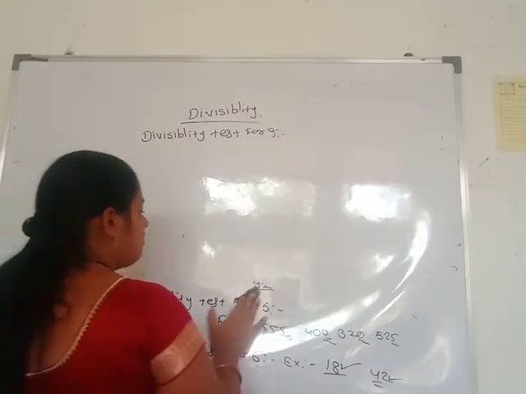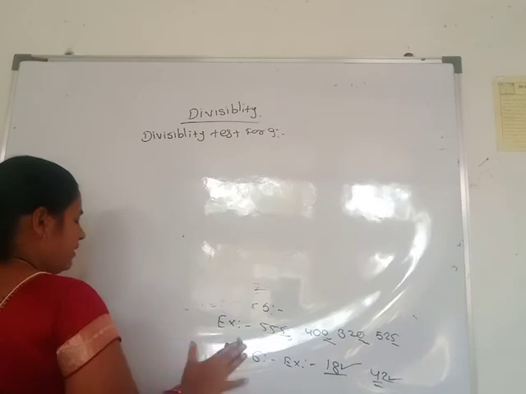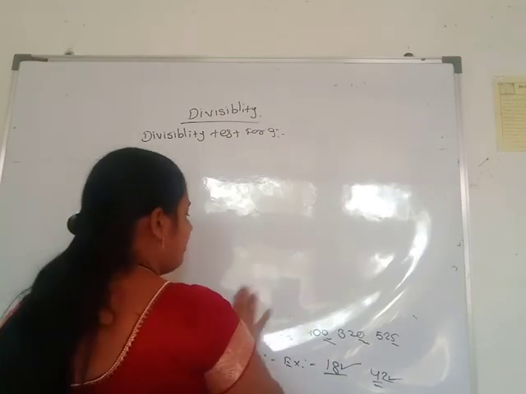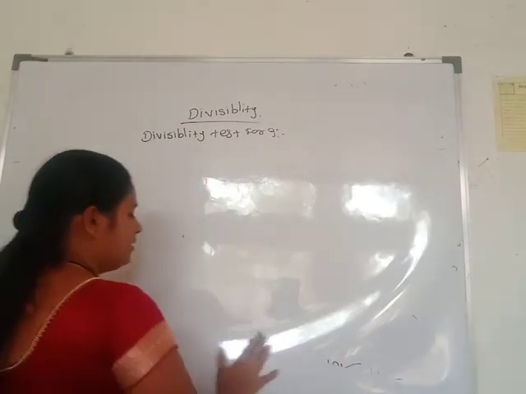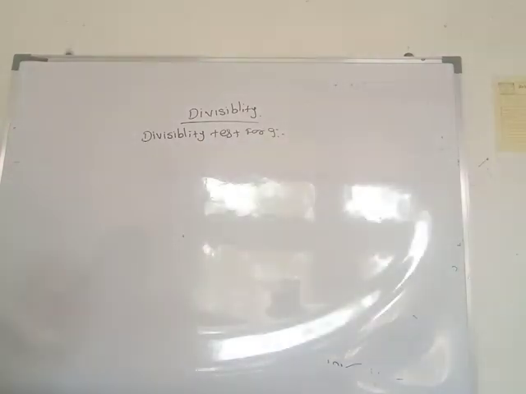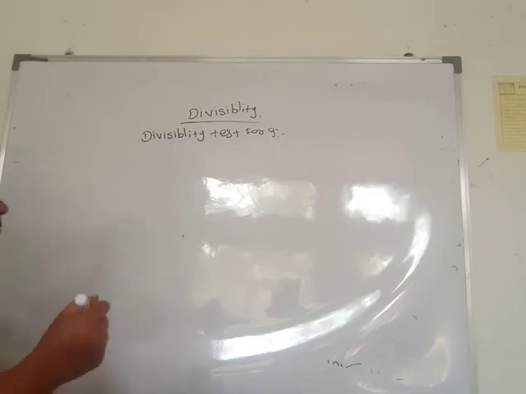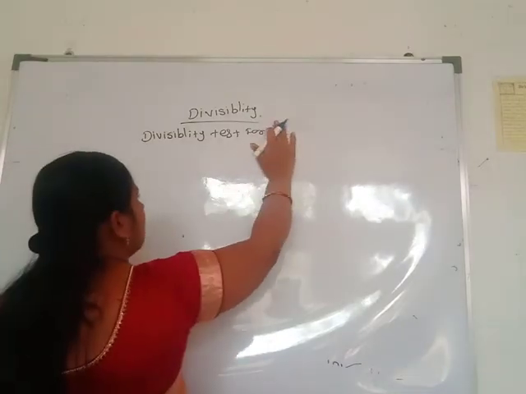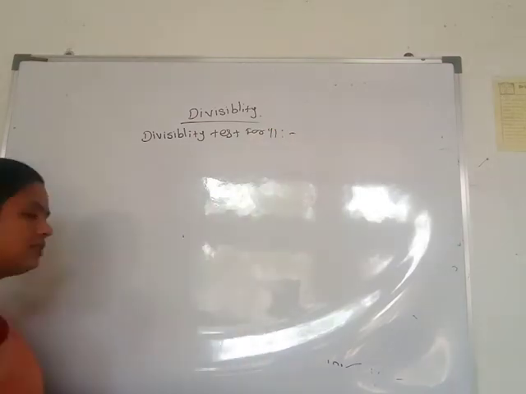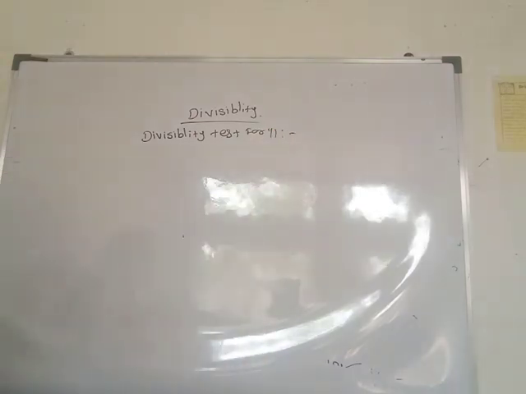If the difference of the sums of the digits in the even places and odd places of the number is 11 or 0, then that number is divisible by 11.